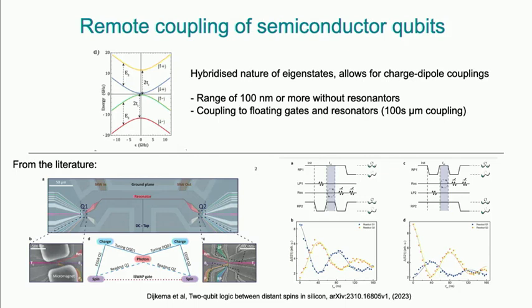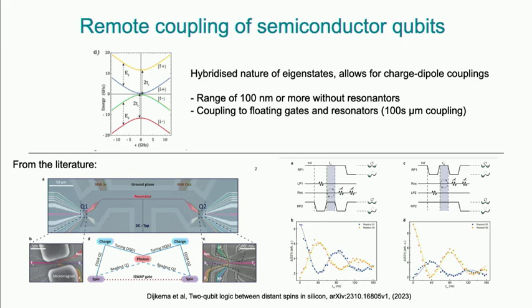Not a very large one. It's a small effect, so these states are ever so slightly dressed, but they do have that character, and that's what gives them the ability to couple over much larger distances, potentially up to, as I said before, maybe a couple of 100 nanometers with gates in between them.